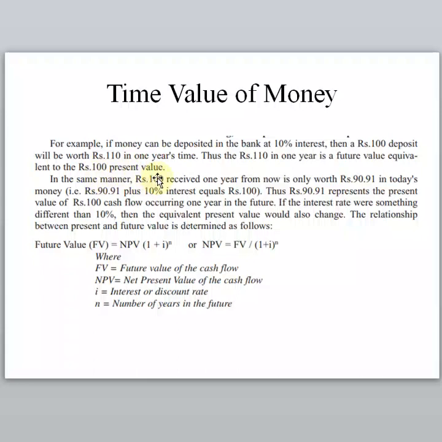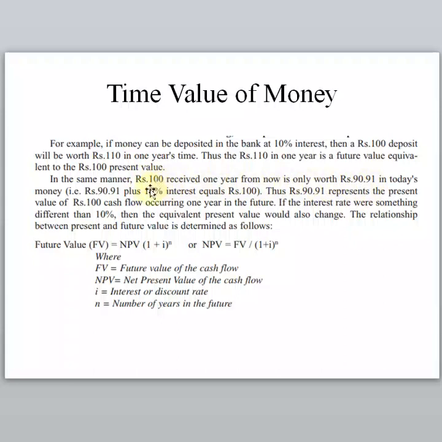So what is the future value here? 110, and the present value is 100. In the same manner, that 100 rupees received 1 year from now is only 90.91 rupees. This 90.91 rupees is equivalent to the previous 100 rupees because of inflation.